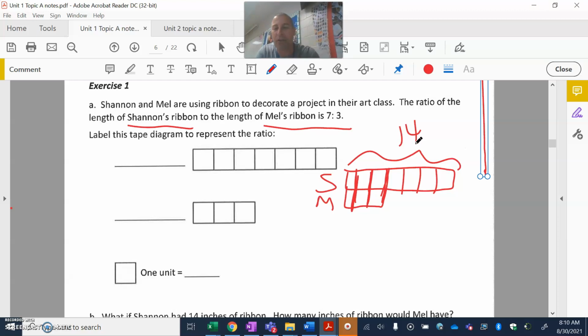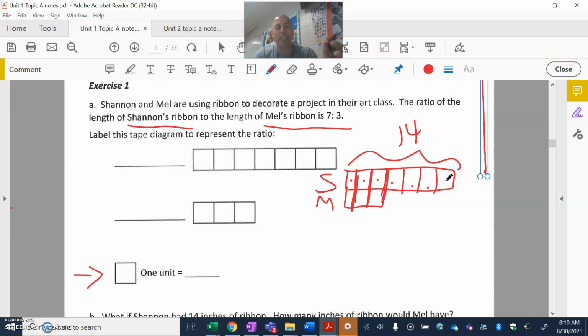That's what it's saying right there. What is 1 unit? That box is 1 unit. If you've got 14, but you have to share it between 1, 2, 3, 4, 5, 6, 7 boxes. Actually, I didn't have to count the boxes because I used the information from the ratio that said it was 7 to 3. But again, if I want to.